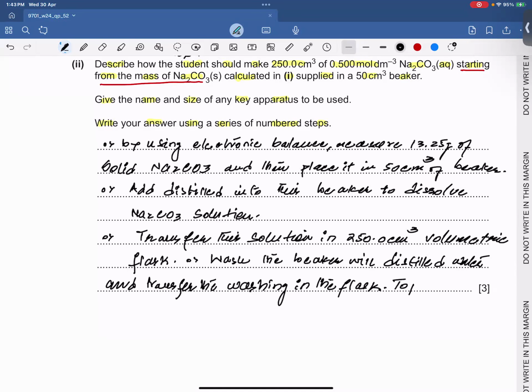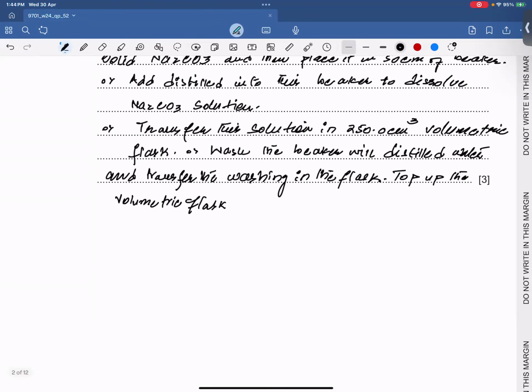Now top up the volumetric flask with distilled water up to its 250 cm³ mark.